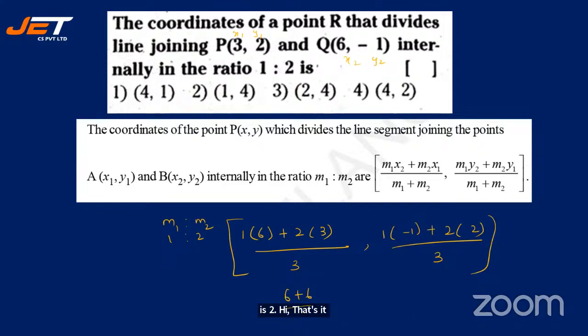6 plus 6 by 3, comma, minus 1 plus 2 twos are 4 by 3. So 6 twos are 12 by 3, minus 3 by 3. Right?